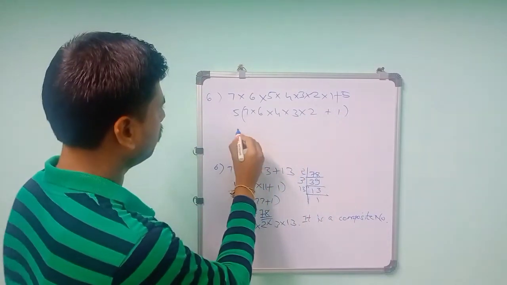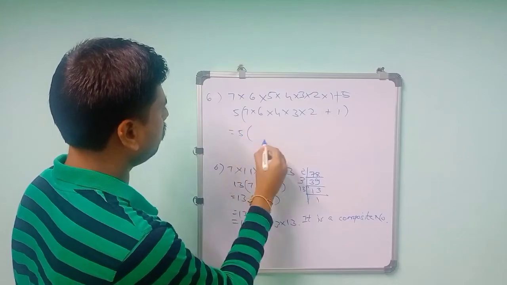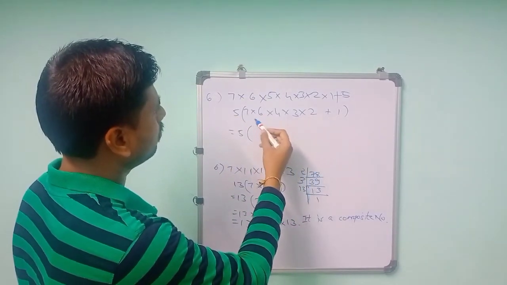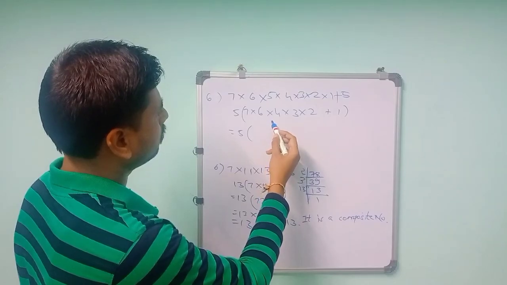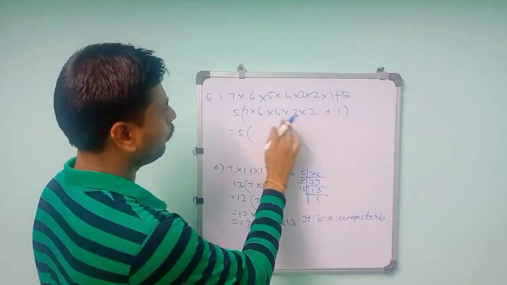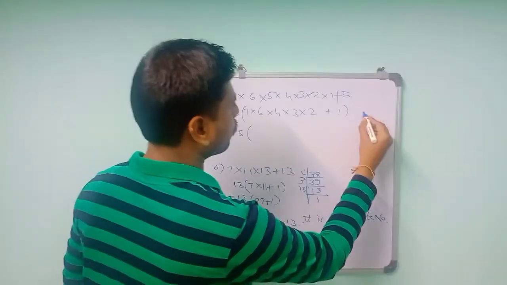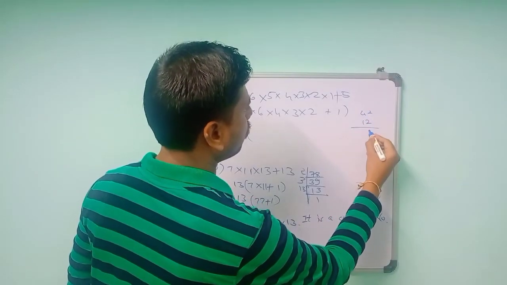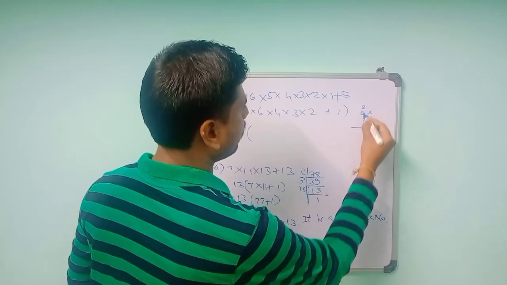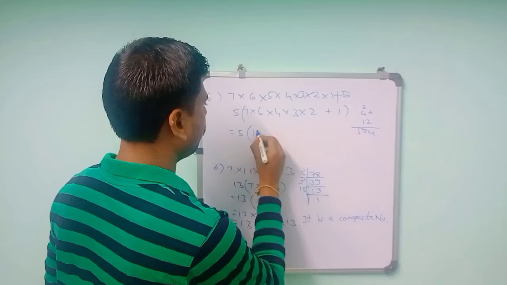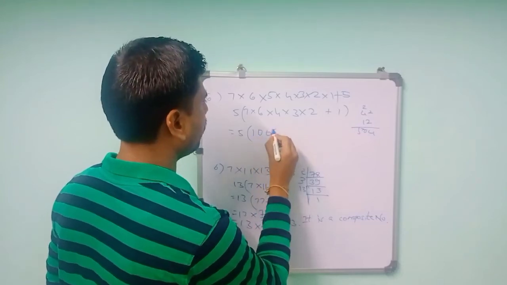So if you multiply this: 4 into 3 is 12 and 7 into 6 is 42. So 42 into 12: 12 2s are 24, 2 carry, 12 4s are 48, so 504. And you have into 2, so double, it becomes 1008.